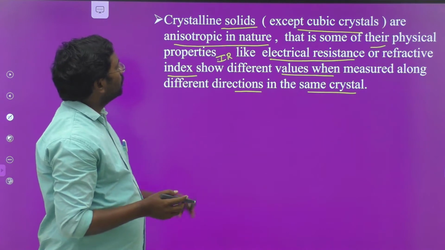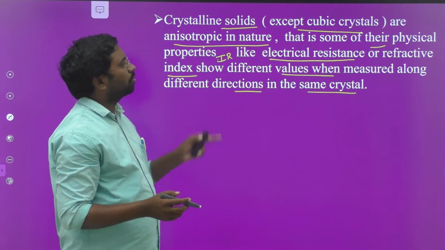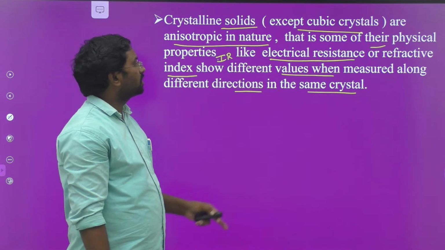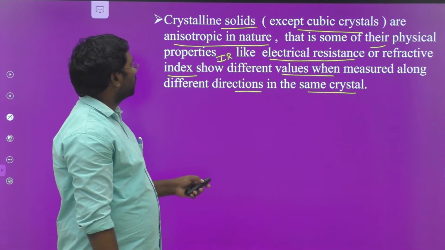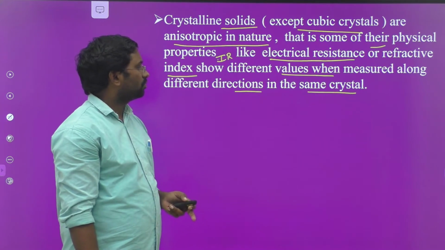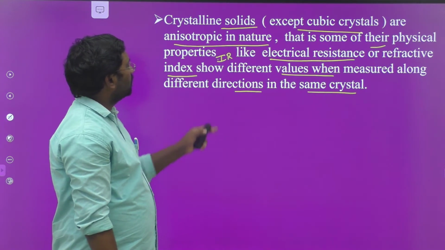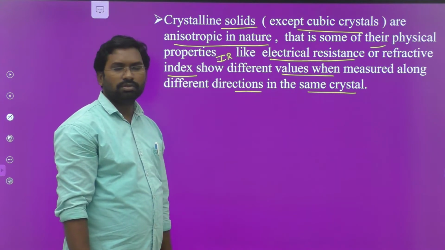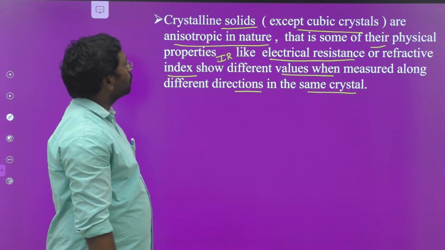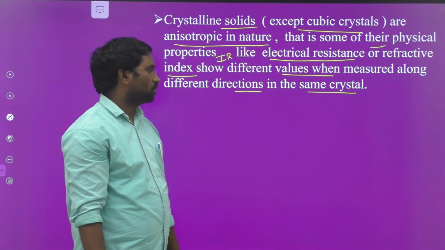Anisotropic nature means if you calculate physical properties of crystalline solids, like electrical resistance and refractive index, over different directions of the crystal, they show different values. That is a property of the anisotropic nature of the crystalline solid.